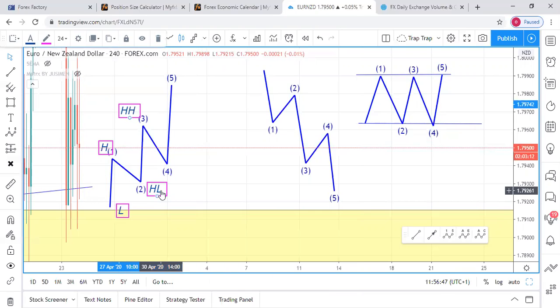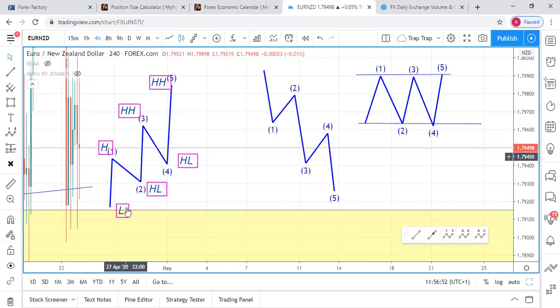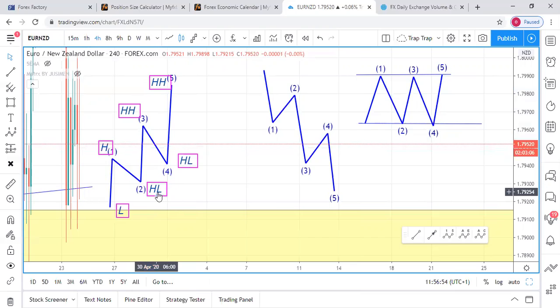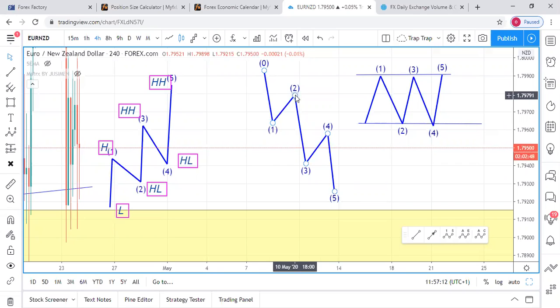So we'll keep having that, right? We'll have a low, a high, a higher low, a higher high, a higher low, a higher high. We say price is moving in an uptrend. The reverse is the case for a downtrend. You have a high, a low, a lower high, a lower low, a lower high, and a lower low.